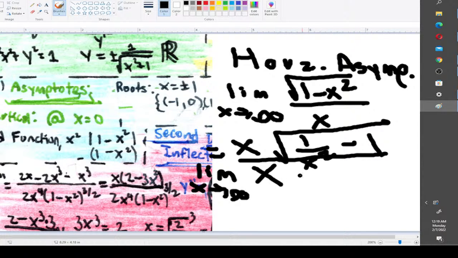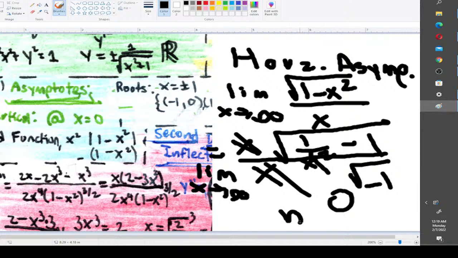So when we plug in infinity, these two x's cancel, this goes to 0, and then we just have negative 1. That means there is none. There's no slant either. So that's all there is for there.